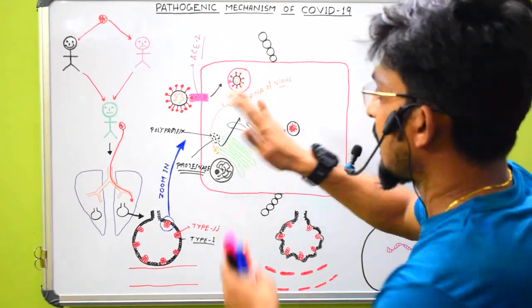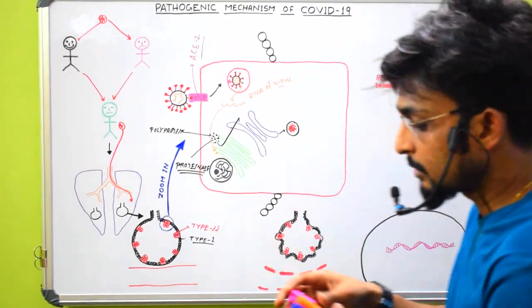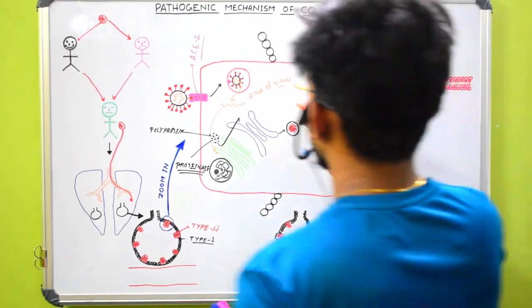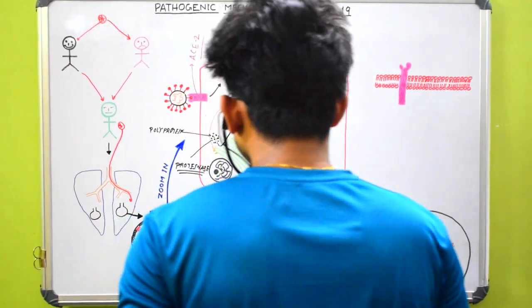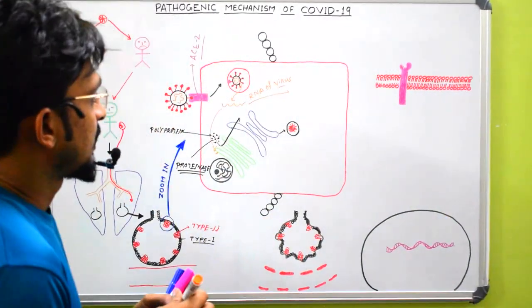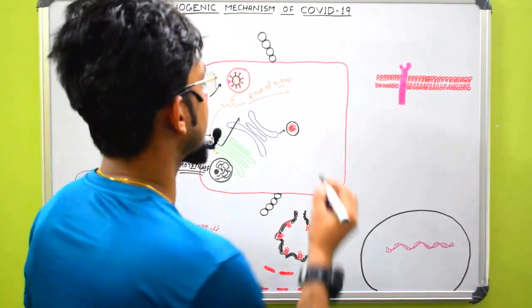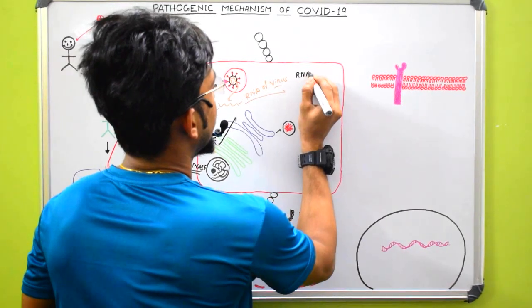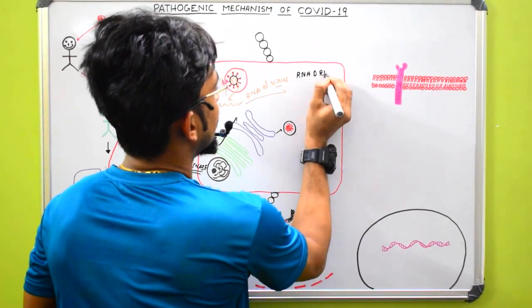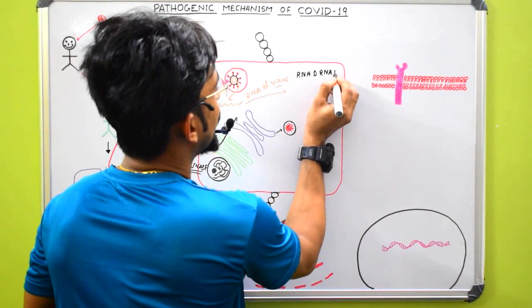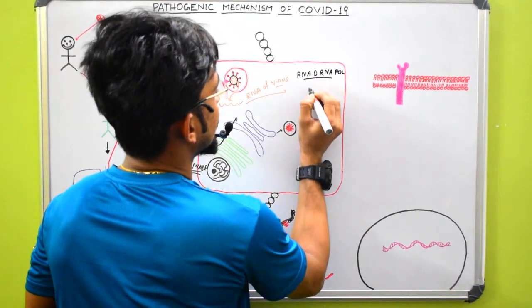Now, what will happen? This is one function. At the same time, another function is also going on: this RNA will be taken by another enzyme, that is the RNA dependent RNA polymerase enzyme.